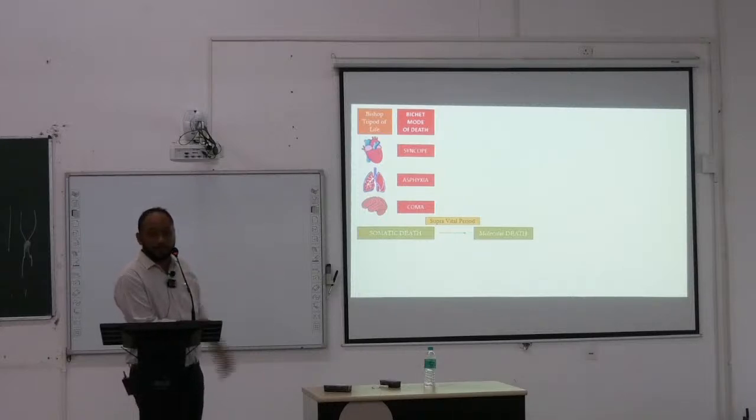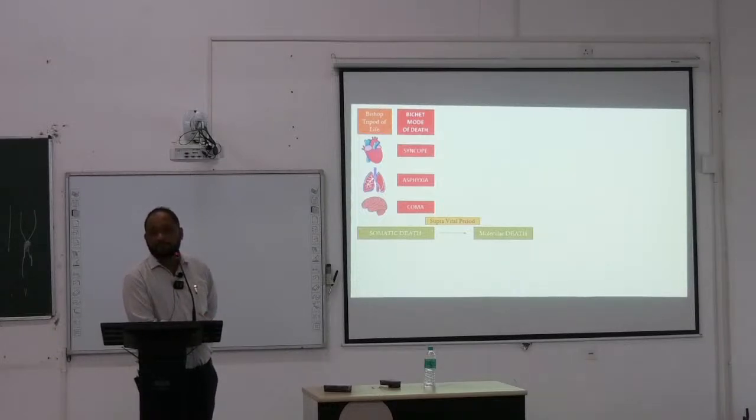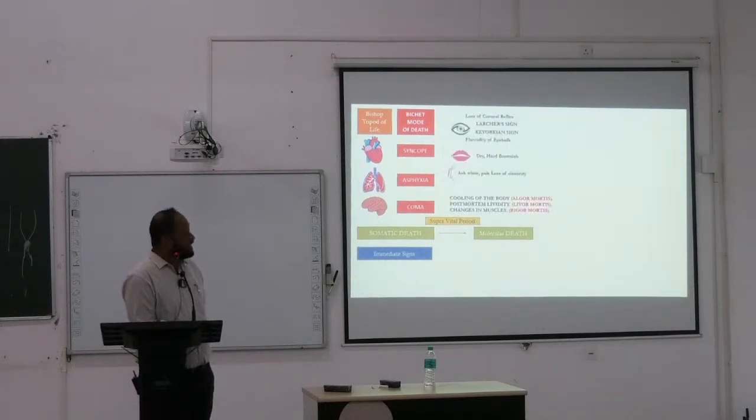A quick recap. Class will start a little later. So, what are the signs of death? Do you remember? Immediate signs. Then, early signs. What are the early signs? Eye changes, lip changes, face changes, skin changes, along with algor mortis, rigor mortis, and livor mortis. Right? Okay, what is algor mortis?